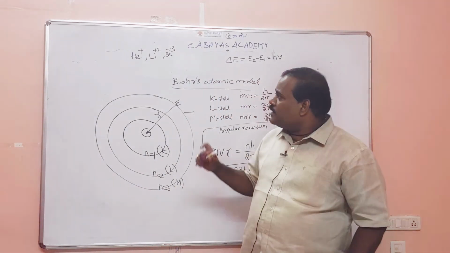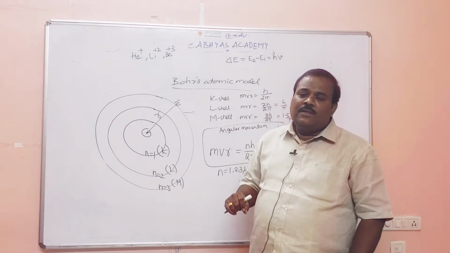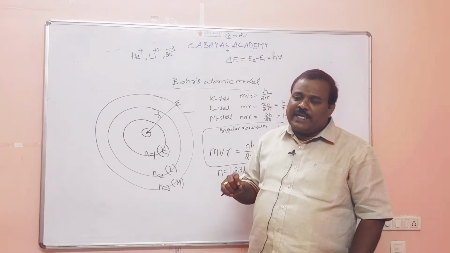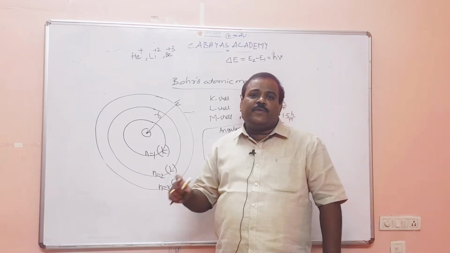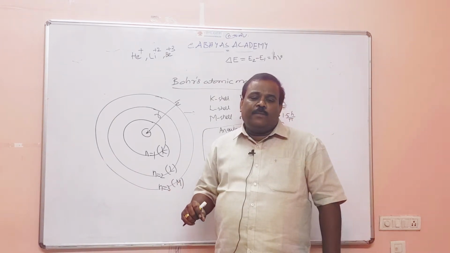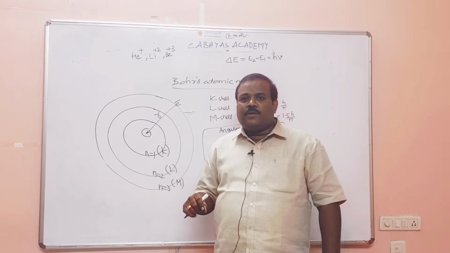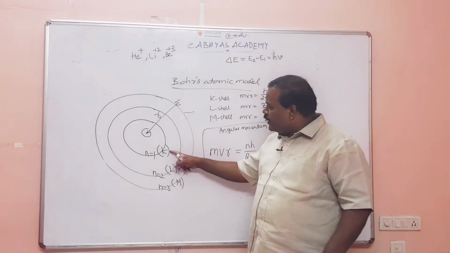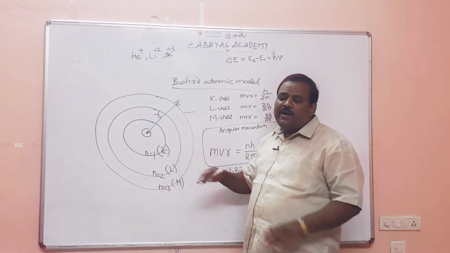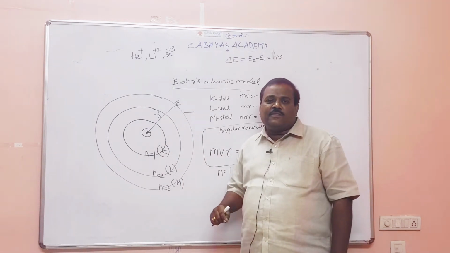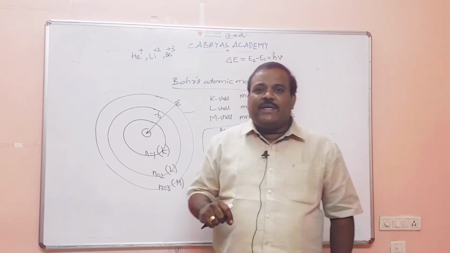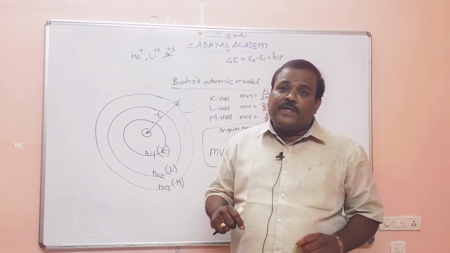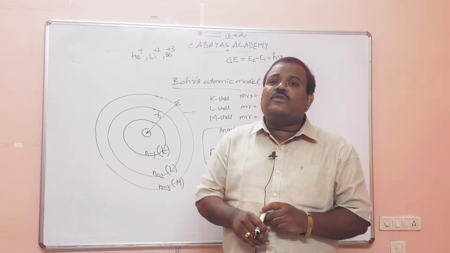The second advantage of this theory is that it proposes derivations for radius of an orbit and energy of an electron. Based on the principal quantum number, as the value of n increases, radius of the orbit, means size of the orbit, increases. And as the value of n increases, energy of electron also increases.